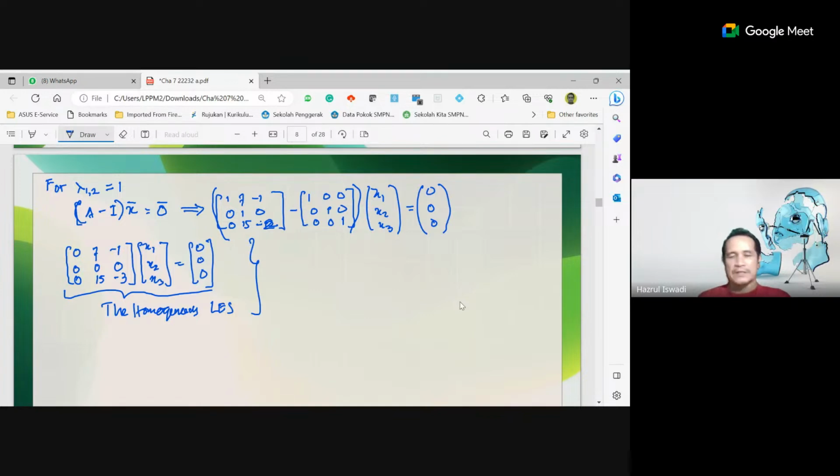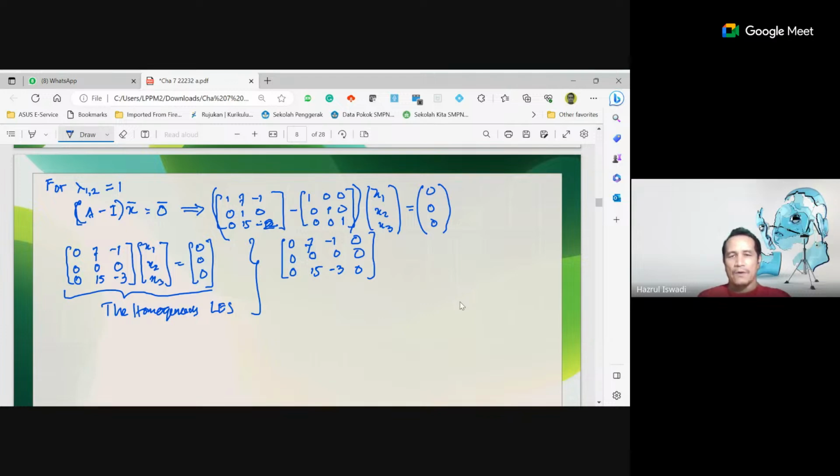Row operation matrix, yeah. So we make this one: 0 7 minus 1 0, 0 0 0 0, 0 15 minus 3 0. Yeah, we take the left side and the right side into the matrix, and it becomes an augmented matrix.